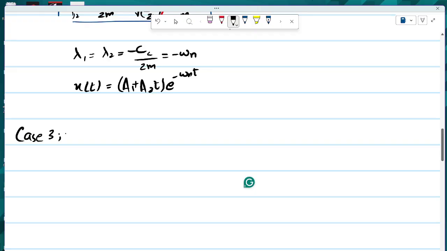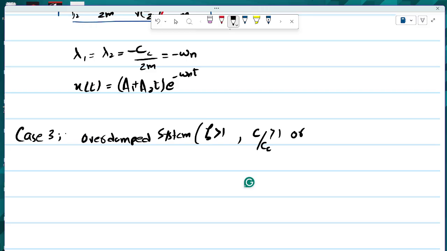In the overdamped system, the damping ratio is greater than 1, meaning the damping we are providing is larger than the critical damping of the system, right? Or C is greater than CC. Or you can say C over 2m is greater than under root k over m. All of these are conditions of the overdamped system.